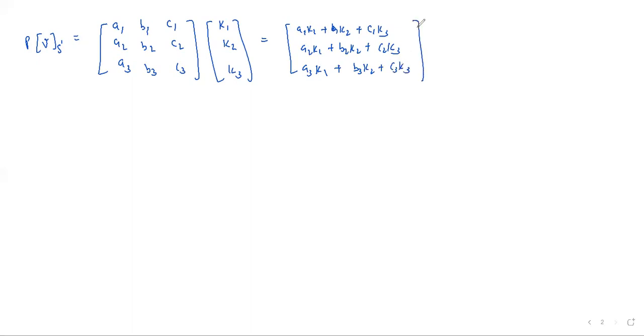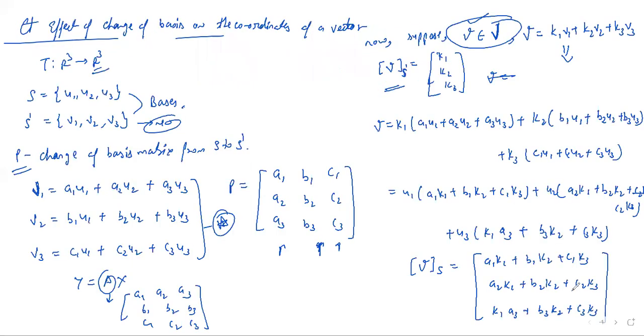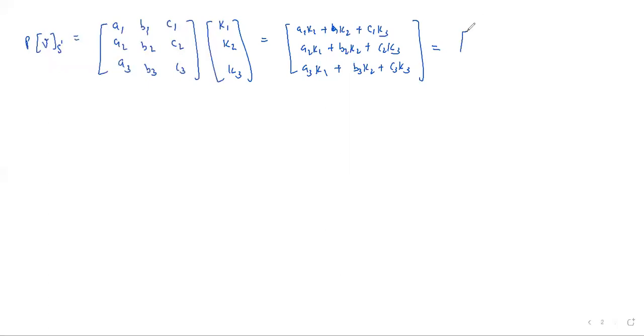And what is this? This is the coordinates of the vector relative to the basis S, which is v of S. So if I multiply the change of basis matrix with the coordinates of the vector v relative to basis S dash, I get the coordinates of the vector relative to basis S. Now this is our equation.